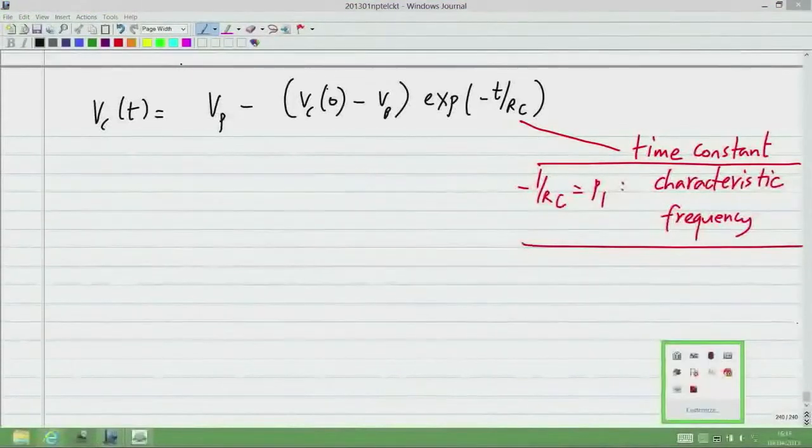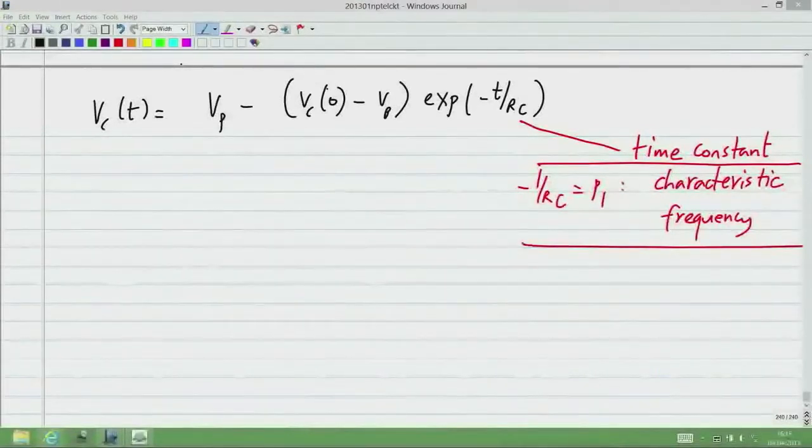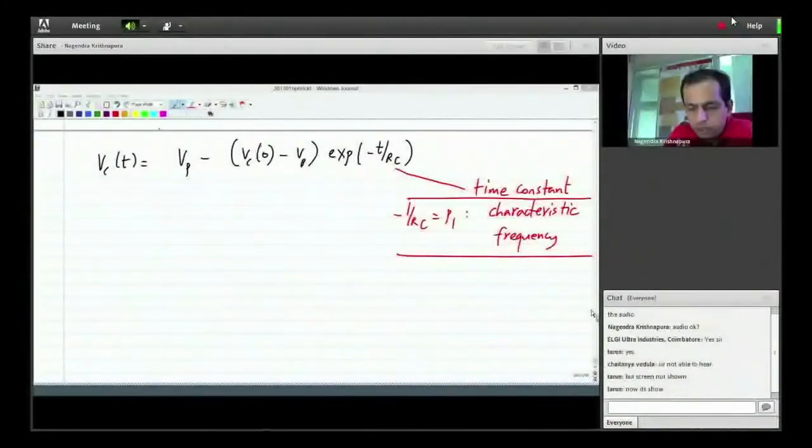Now you have noticed that for all the cases we calculated, we end up with this exponential minus t by RC in the response. Okay. Now this turns out to be a general property of linear systems, that the response will consist of exponential of characteristic frequency times the time. Okay.